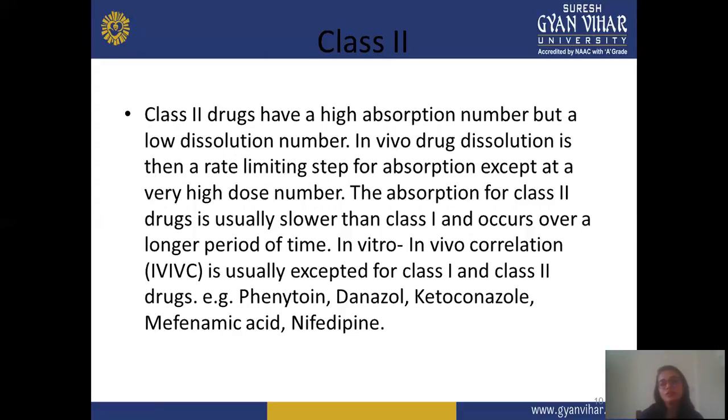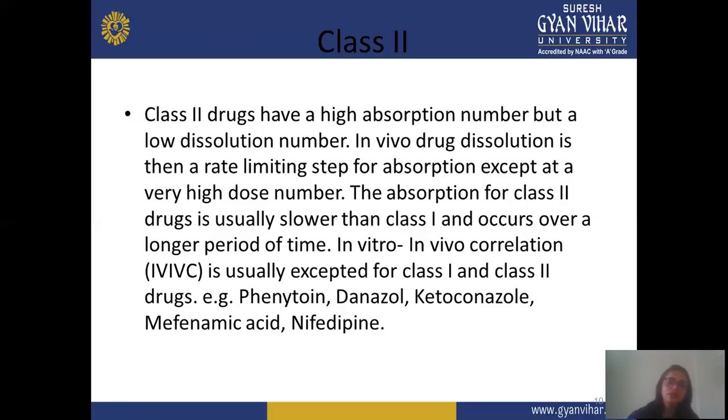In vitro dissolution is the rate limiting step for absorption, except at a very high dose concentration. In vivo drug dissolution is also rate limited, or may depend on certain conditions, and a high dose is required for more absorption.